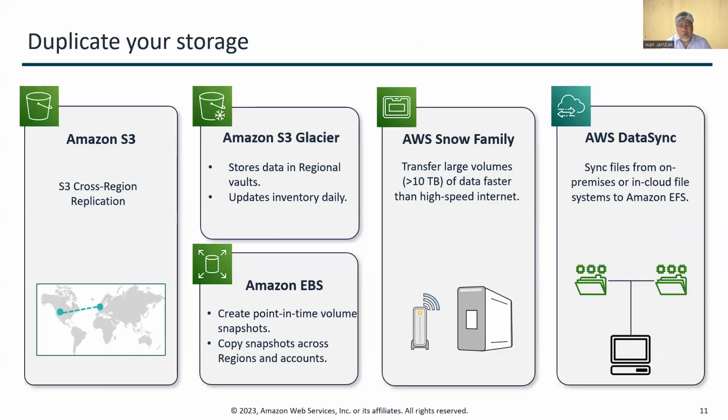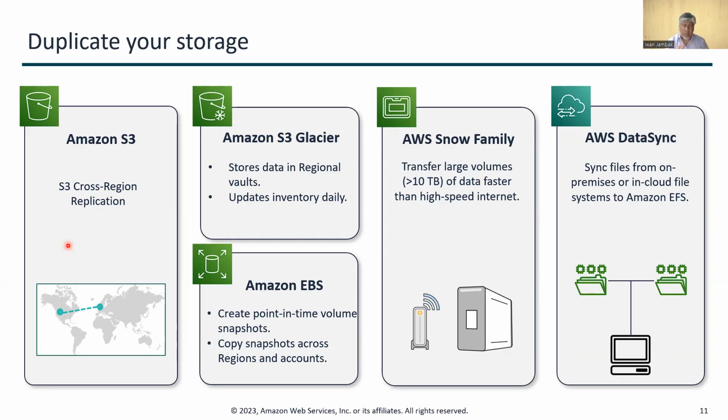One thing you can do, of course, is duplicate your data. In Amazon S3, you can duplicate your storage using S3 cross-region replication. Remember that S3 itself is not inside the VPC, it's global.